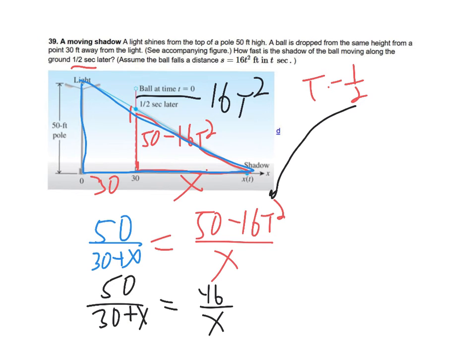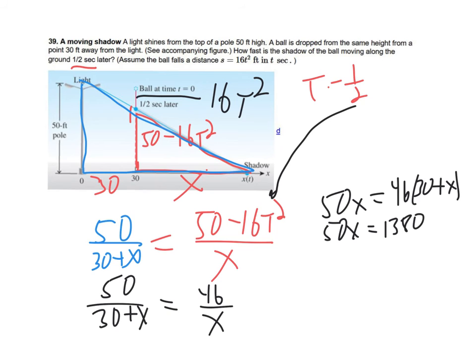Now I can just do the cross products. 50x equals, and then I get to distribute here. I'm doing 46 times 30 plus x, which gives me 50x equals 46 times 30 is 1380, plus 46x, right?